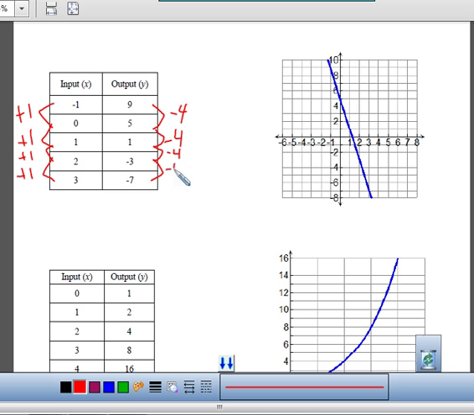And together, this is going to create a constant rate of change. And by the way, that constant rate of change is -4, or -4 over 1. So obviously, the middle one is linear, and then the bottom one is not.